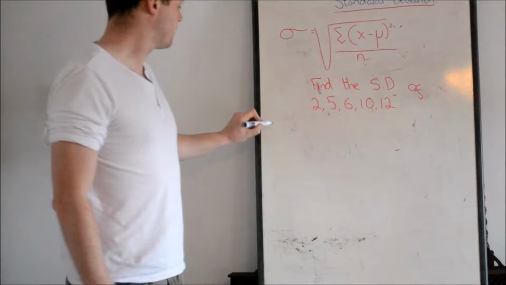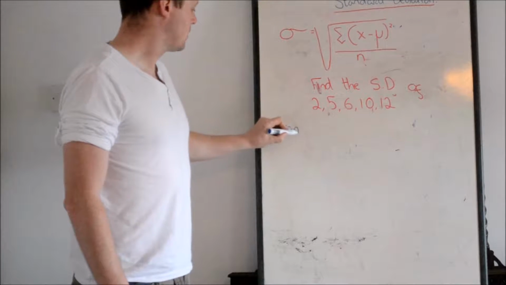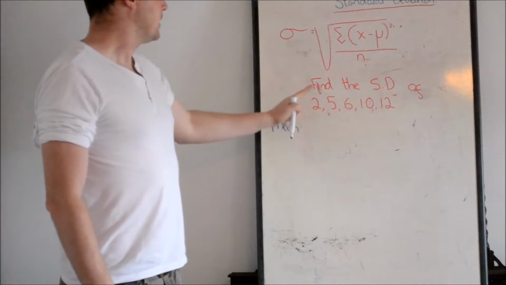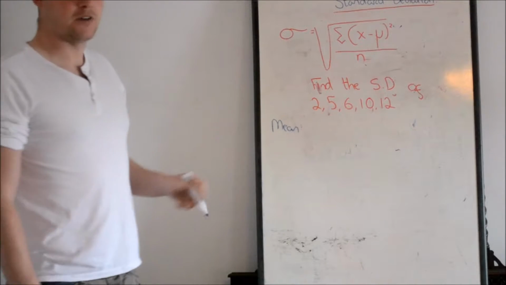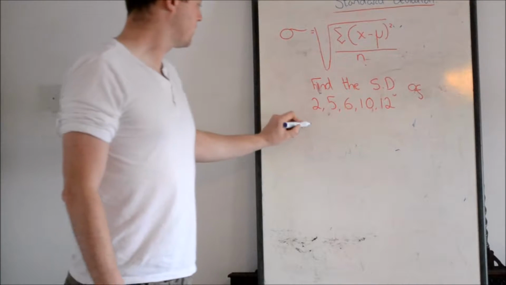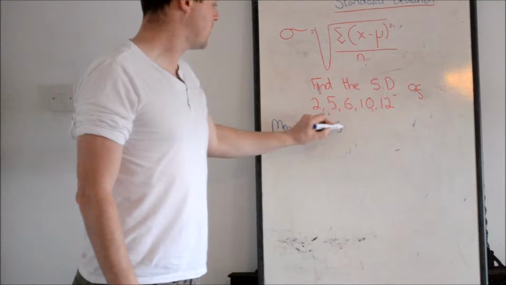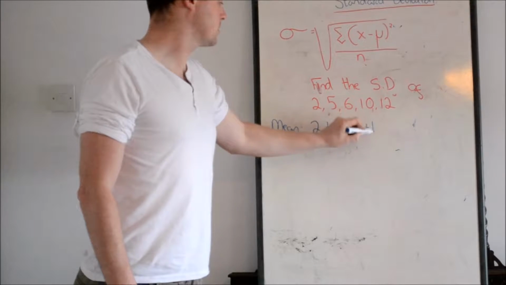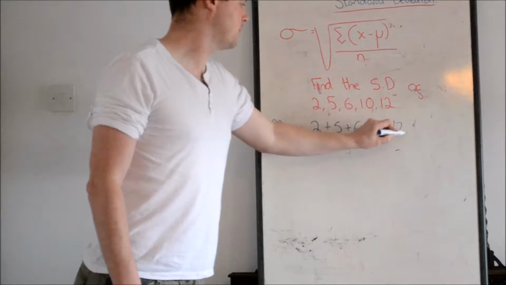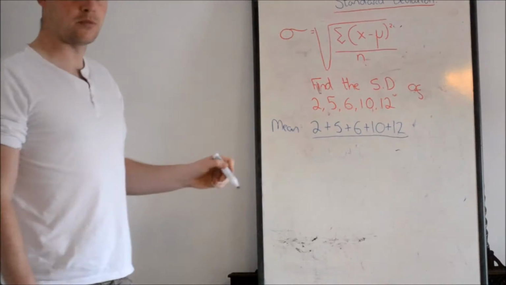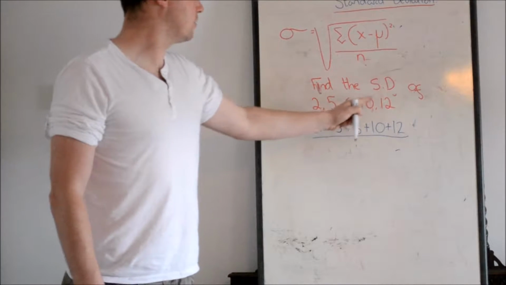Now the mean, as you know at this stage, is you add up all the numbers and divide by the number of numbers. So let's do that. 2 plus 5 plus 6 plus 10 plus 12 all over the number of numbers: 1, 2, 3, 4, 5.